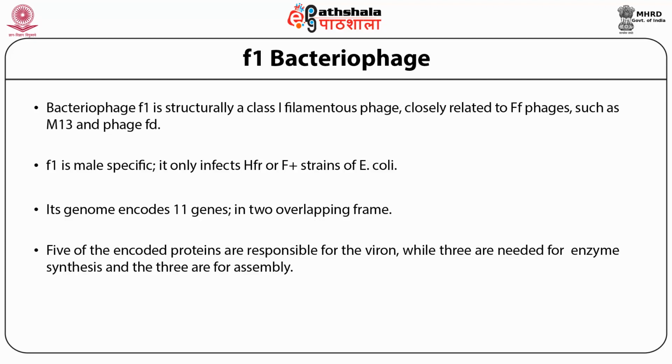The IGR contains the packaging signals, that is PS, as well as sequences that dictate termination, nicking for replication and the binding of gene II protein and IHF. F1 is male specific, it only infects Hfr or F-plus strains of E. coli.